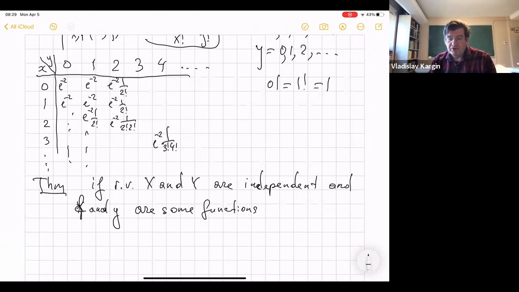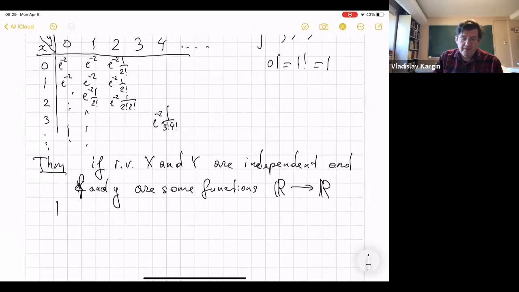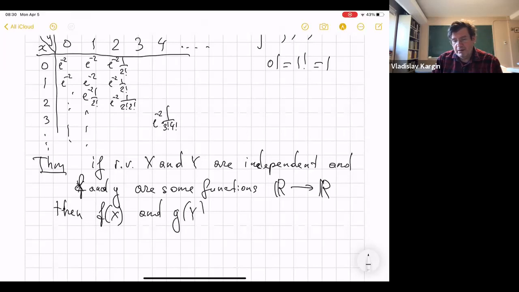So just arbitrary functions which map R to R, from real numbers to real numbers. And then f of x, a new random variable which is a function of the previous one, and g of y are independent.